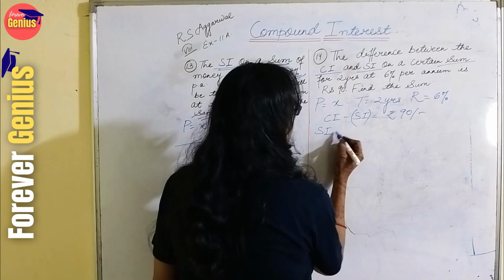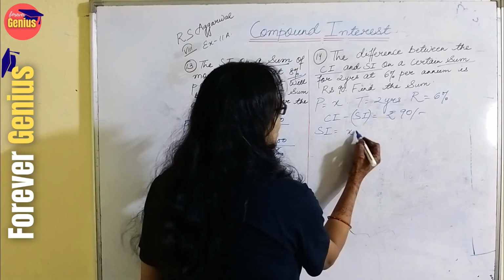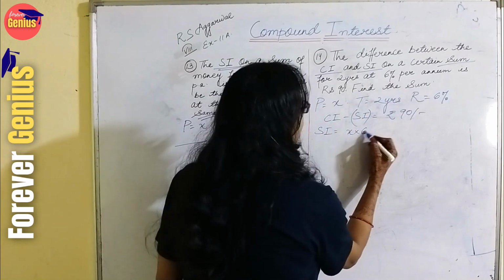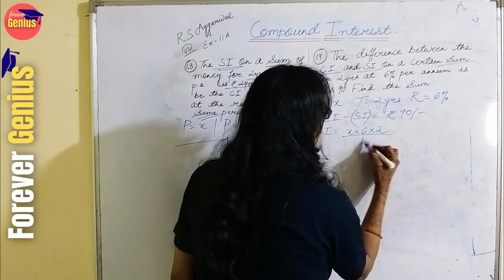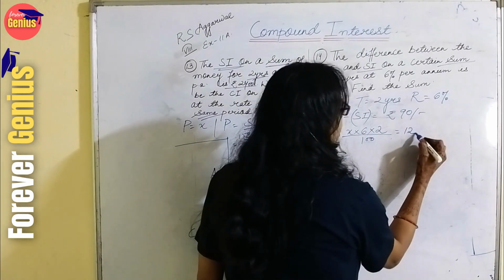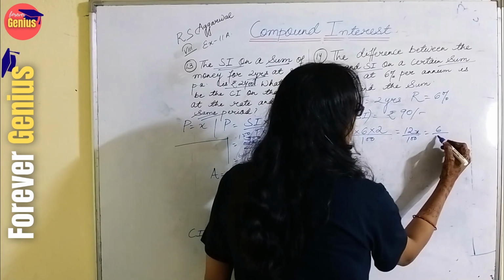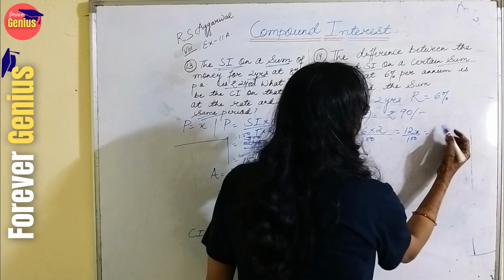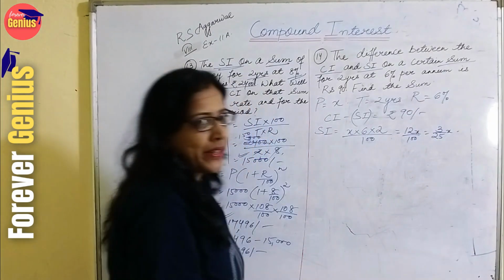So simple interest is equals to P, I don't know, let it be x. Rate is 6% and time is 2 years by 100. This is equals to 12 by 100x or 3 by 25x. This is our simple interest.